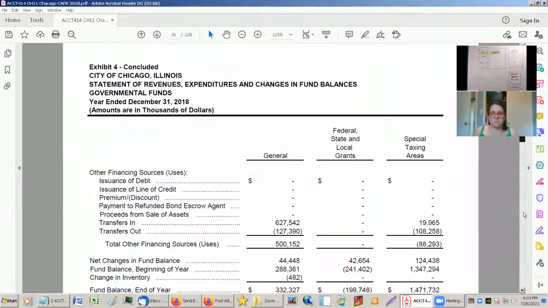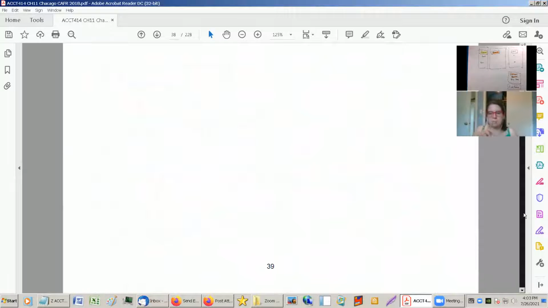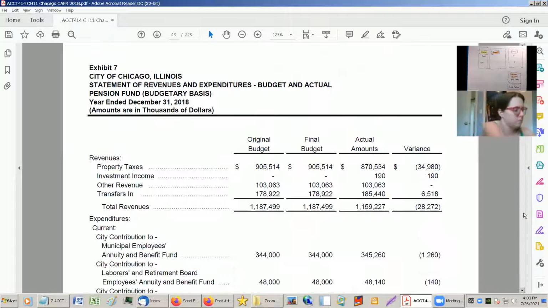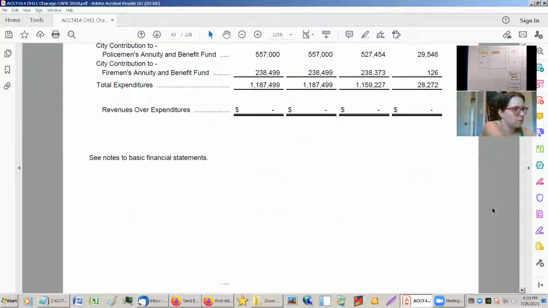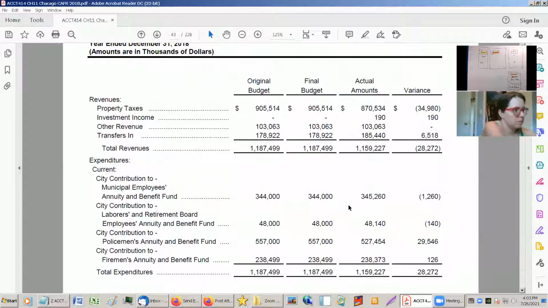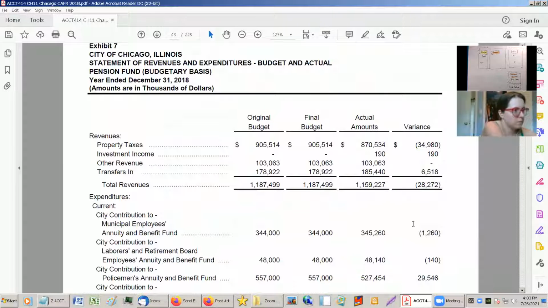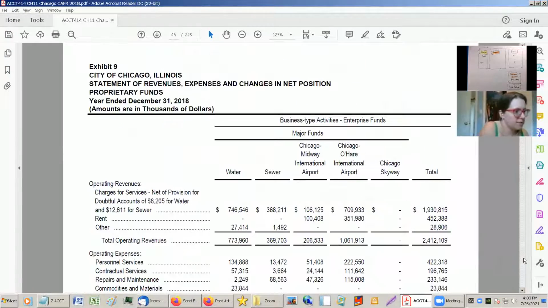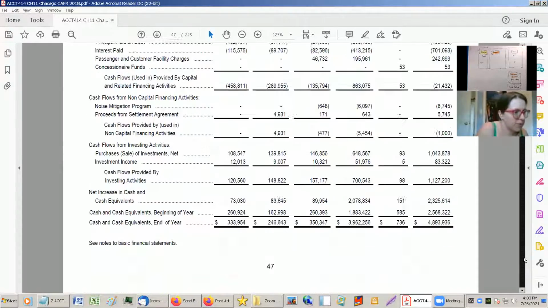I want to see if I can find a note for the pension. Looks like page 50 has the statement relating to pension trust funds.